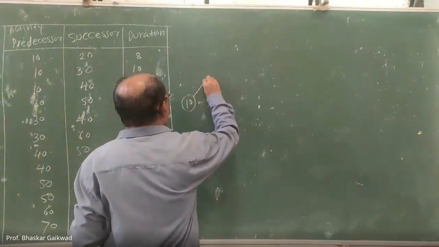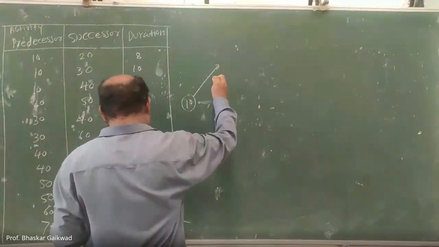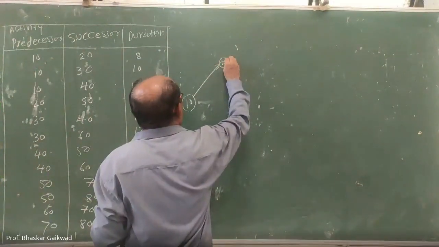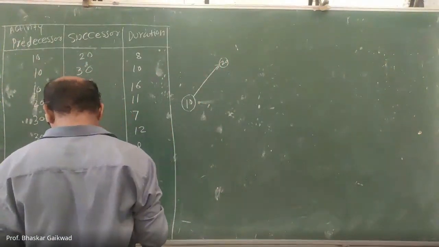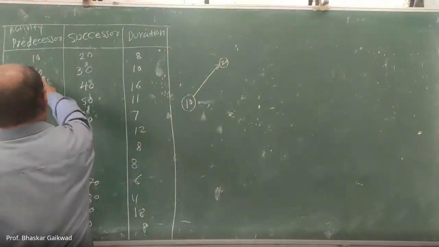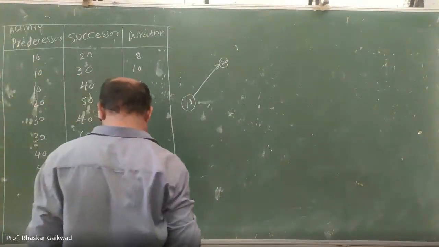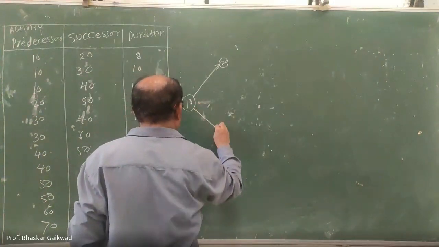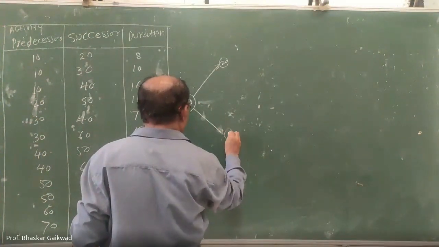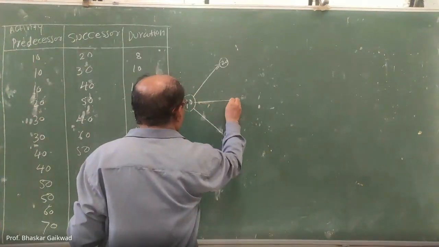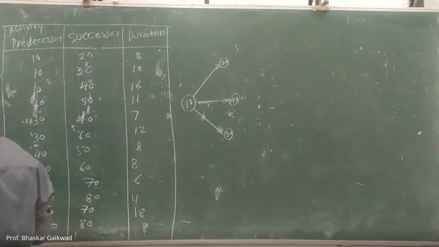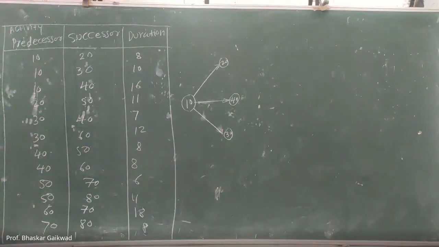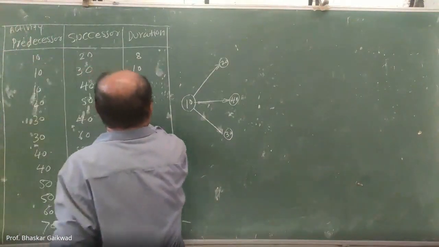So here is the 20. After that 30 is there and 40 is there. So 10, 30 is there, 10, 40 is there. Now from 20, the 50 will start.